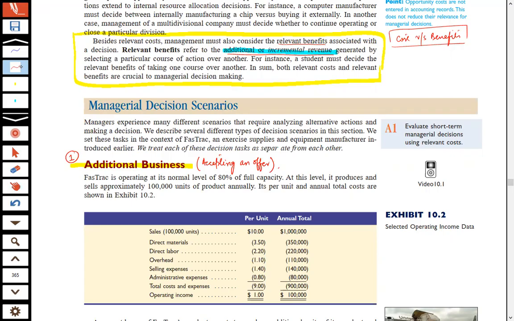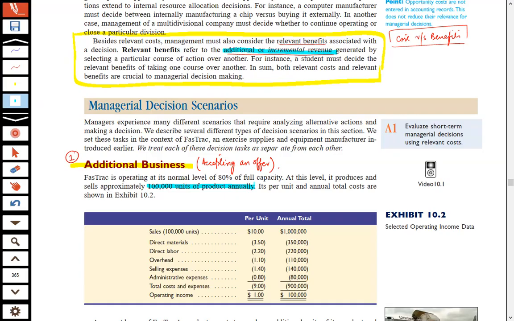It can produce extra things as well. At this level, it produces and sells approximately 100,000 units of product annually. Produces and sells means there is no ending inventory. Whatever is being produced has been sold.